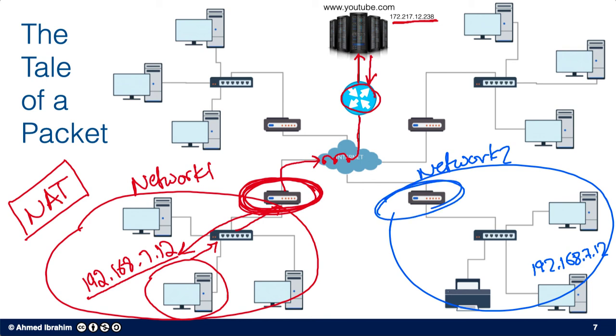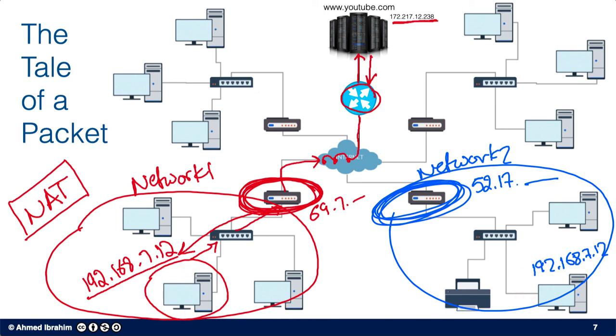However, the IP address of this router is different than the IP address of this router. So let's think that the IP address of this router is 69.7.something, and the IP address of this router here is 52.17.something. So now, how does this computer connect to this computer?